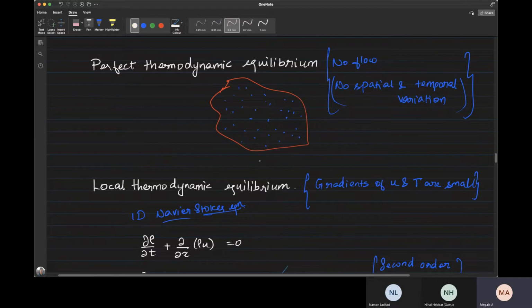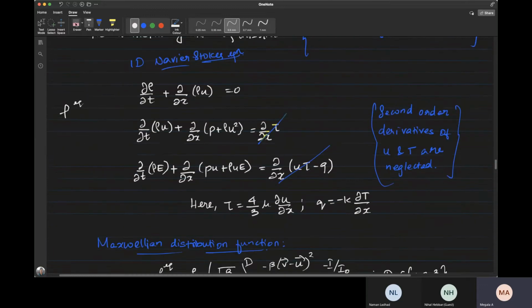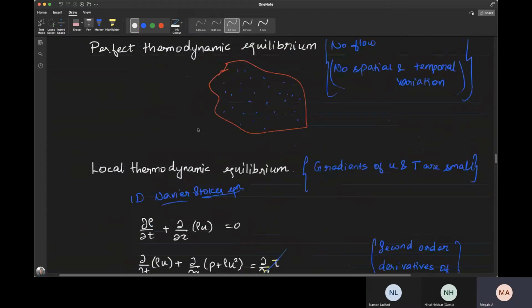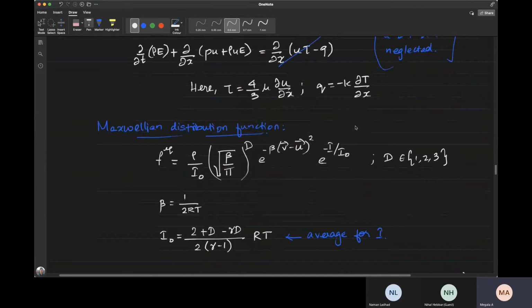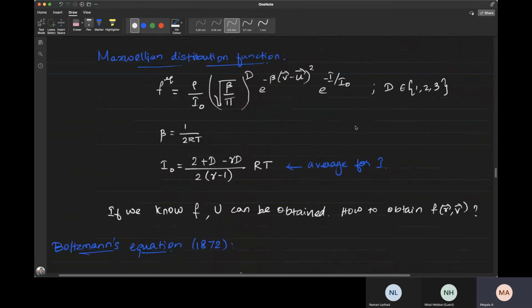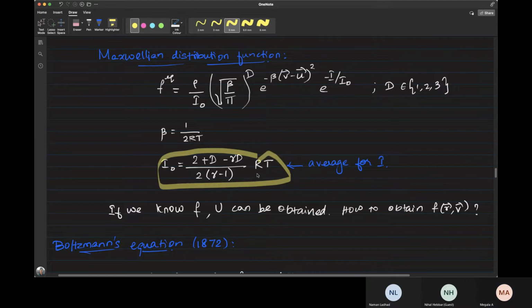In kinetic theory, you will define the equilibrium distribution function to be at a local thermodynamic equilibrium only. So this is how your equilibrium distribution function will be defined with the assumption of local thermodynamic equilibrium. And we have this Maxwellian distribution function. F equilibrium is defined as this quantity. Rho and I naught is given by this expression, which is an average for internal energy I, and beta is given by 1/2 RT.